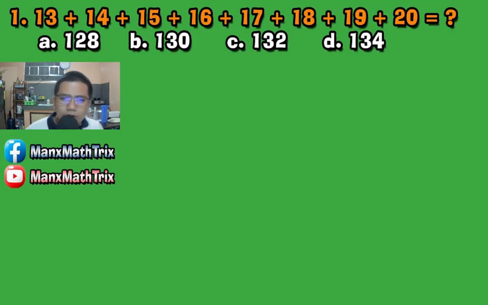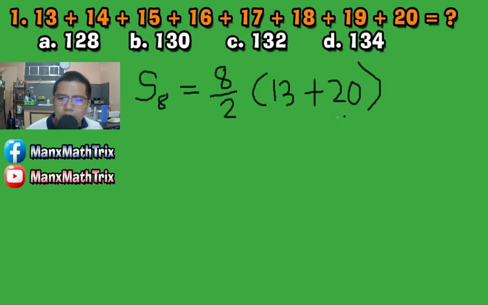So now let's start solving. S of 8 is equal to 8 over 2 times the first term 13 plus 20. So let's do 8 over 2, that's just equal to 4.